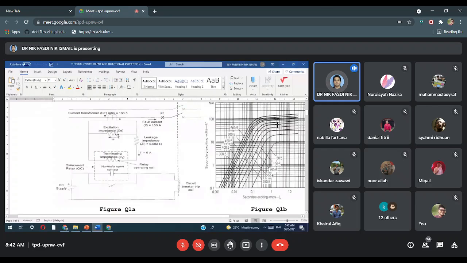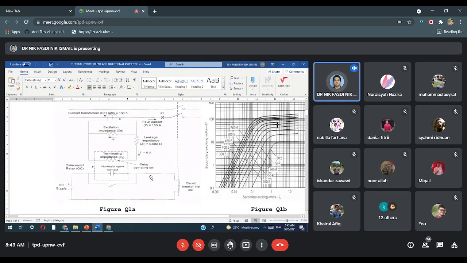So it has the excitation E, then dia ada ZB, terminating impedance, sometimes we call it as burden impedance, so leakage impedance, I1 prime, I prime 6 ampere. Okay, so this is the DC supply, contact of the overcurrent relay, and this is the breaker coil.